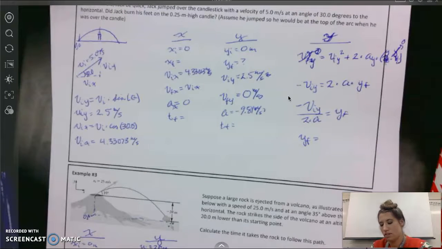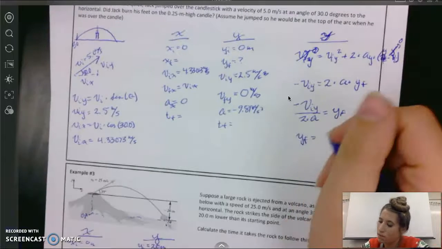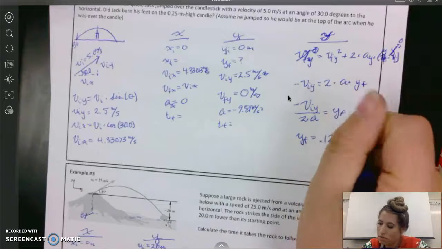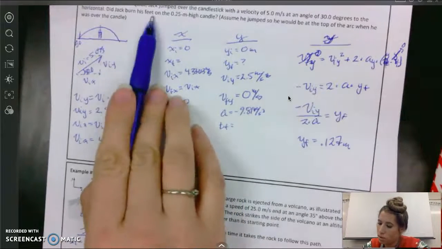Y final, so I'm going to take the negative 2.5 and divide that by 2 times a negative 9.81. And so I'm getting a y final of 0.127 meters.